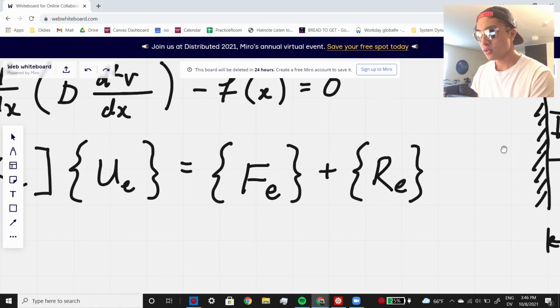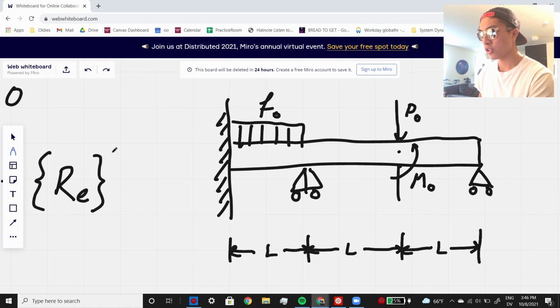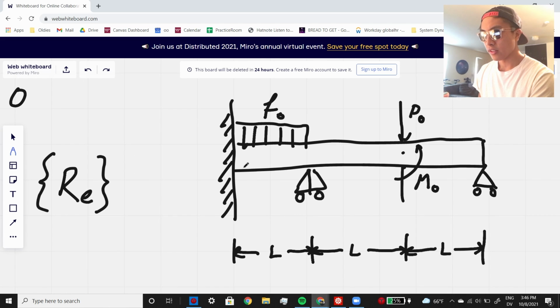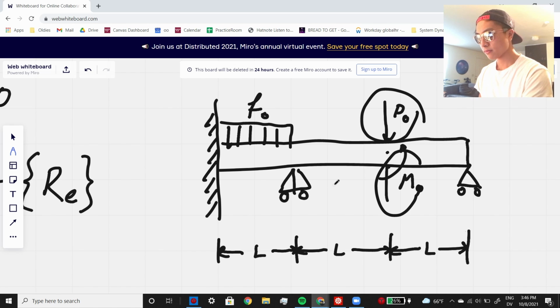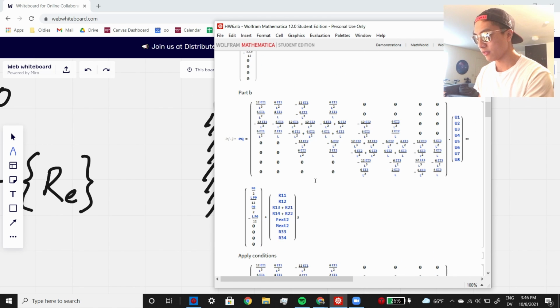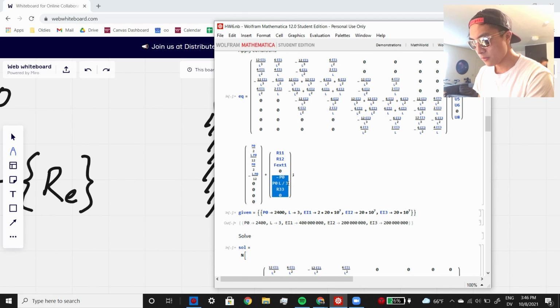And so once you know those, then you're looking for the R's. The R's are the reaction forces and moments. Let's take a look here. We obviously know that P0 and M0 are acting on the third node. And that's what we're going to plug in eventually into the equation right here.